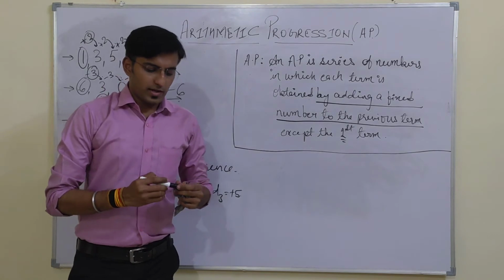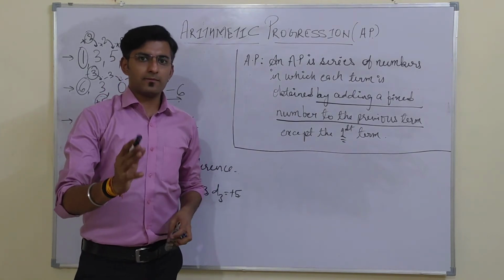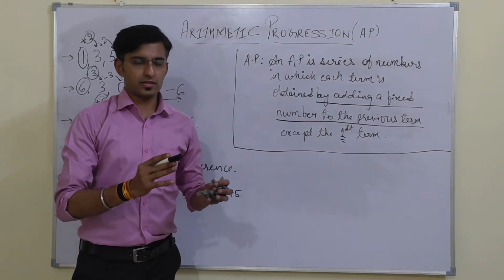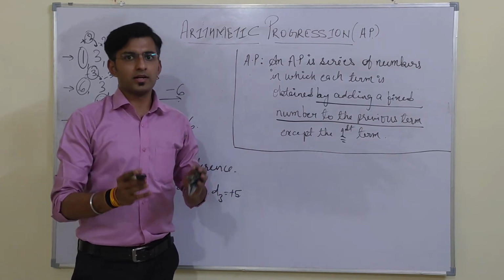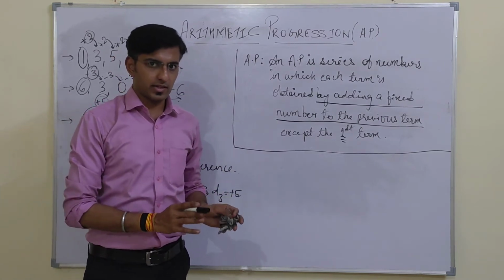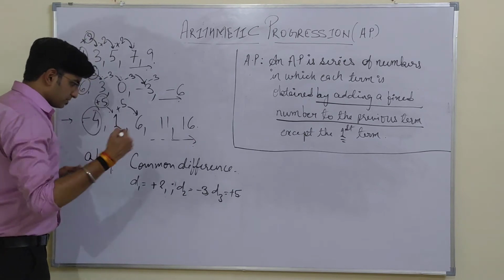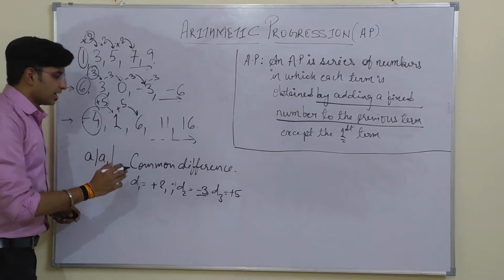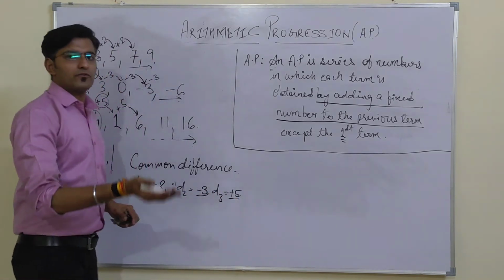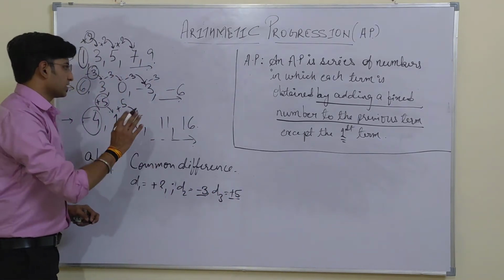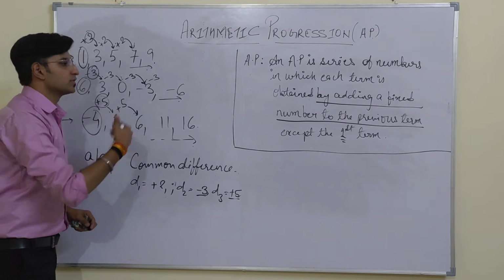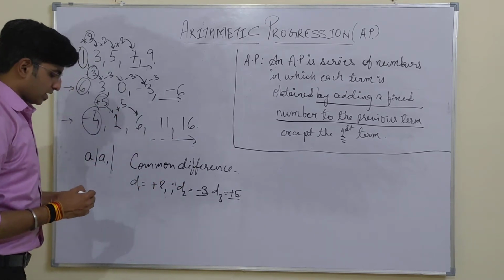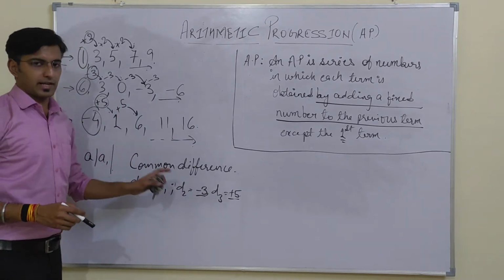So one and only thing you have to keep in mind is that in forming any arithmetic progression you have to only add a number irrespective of its sign. Like if it is minus 3, then you have to add minus 3. If it is plus 5, then you have to add plus 5 to the term to get the subsequent term. So don't get confused with the signs.